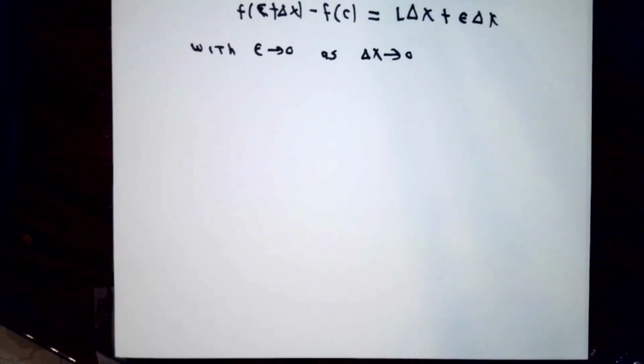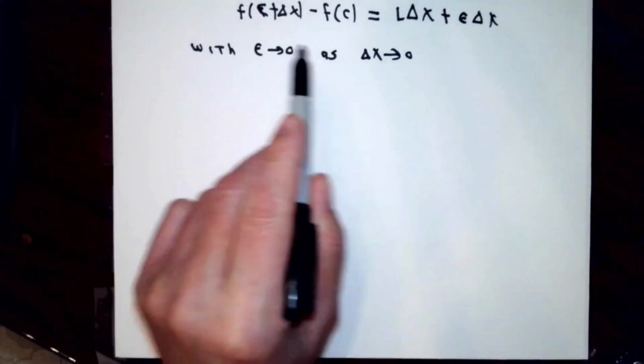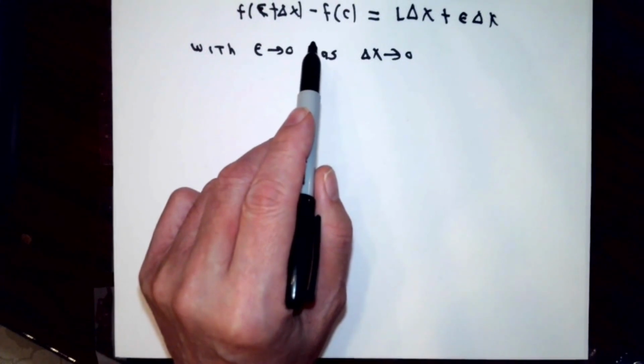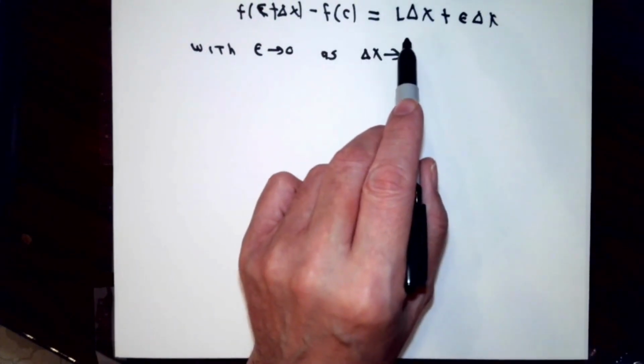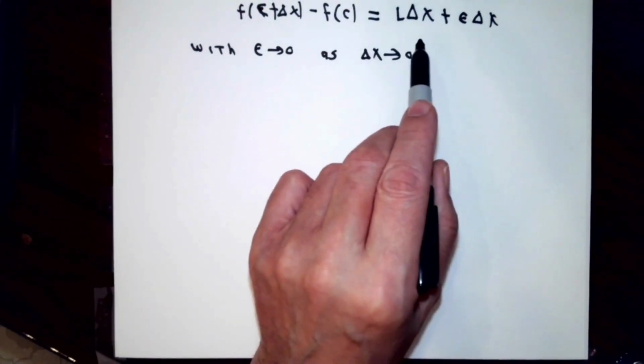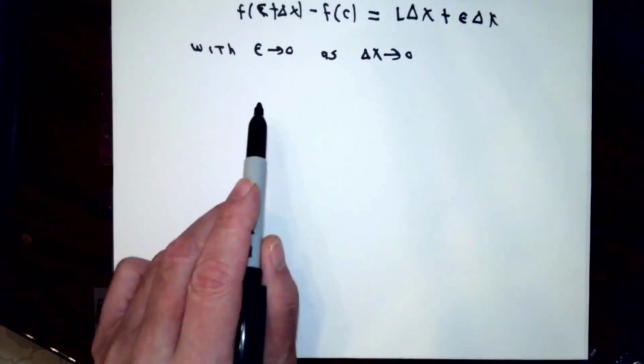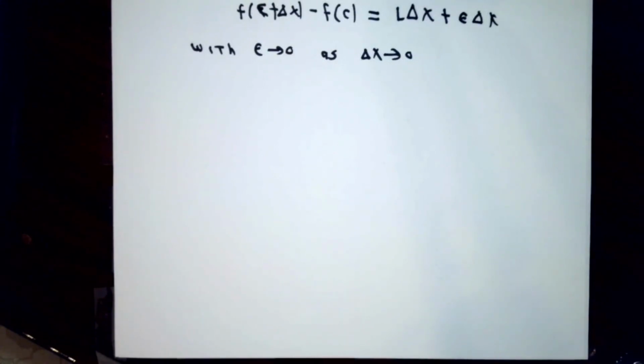Rearranging this, another way that I can say f is differentiable at x equals c is if the actual difference in the function value is exactly equal to some fixed particular number times delta x plus epsilon times delta x, where epsilon tends to 0 as delta x tends to 0.